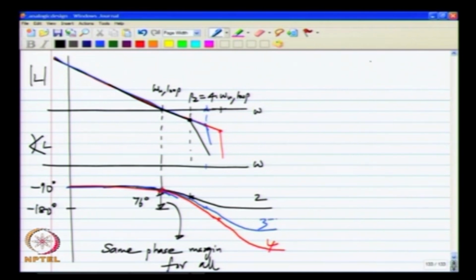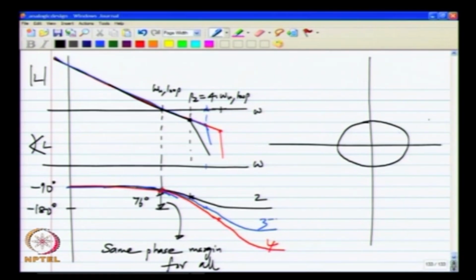Now, we can look at the Nyquist plots. And let me draw the unit circle nice and big here. Okay. So, the loop gain of a second order system does that, okay, and the angle corresponding to this, the angle from here to here, this is 76 degrees.